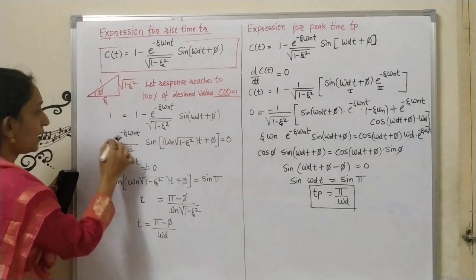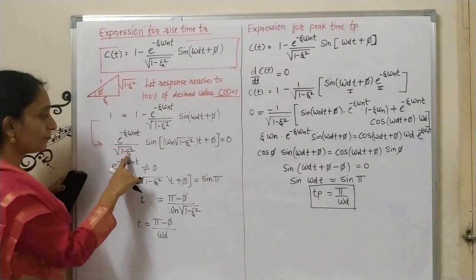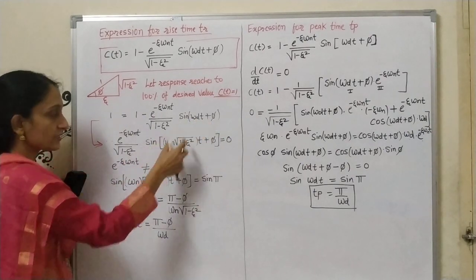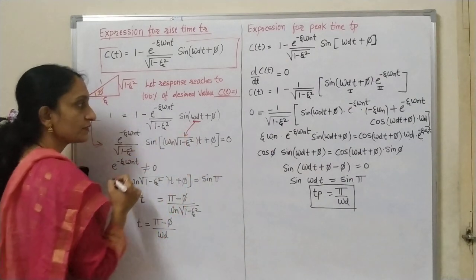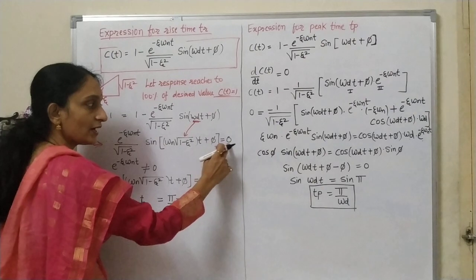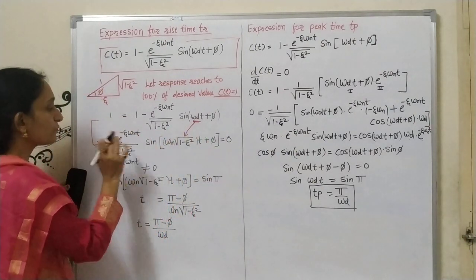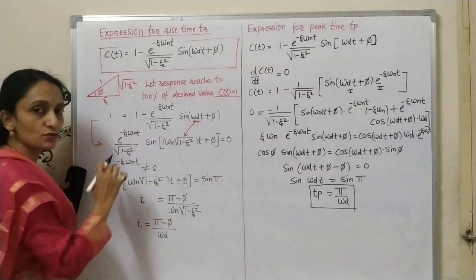So I have written this expression as e to the power minus zeta omega n t upon under root of 1 minus zeta square, this term sine omega d t plus phi, is equal to 0. I have replaced omega d with the formula omega n under root of 1 minus zeta square. Here we have two parts, an exponential part and a sinusoidal part.